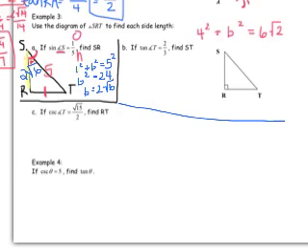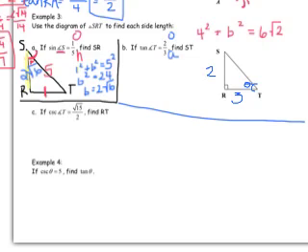Alright, let's do B. If tangent of t equals 2/3, find ST. So I can just use this triangle since I'm here. So tangent of an angle is equal to opposite over adjacent, TOA, O over A. I'm talking about angle T here, so put your angle here at T, and my opposite is 2, and my adjacent is 3.